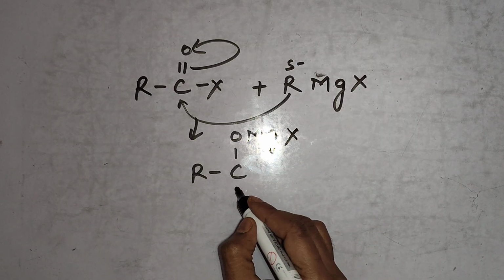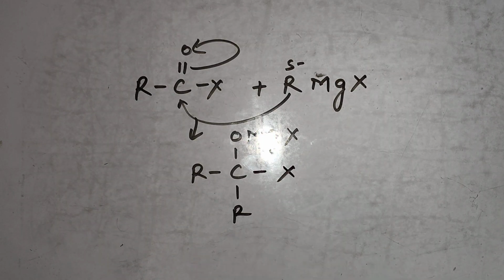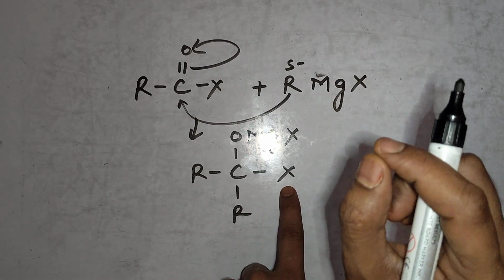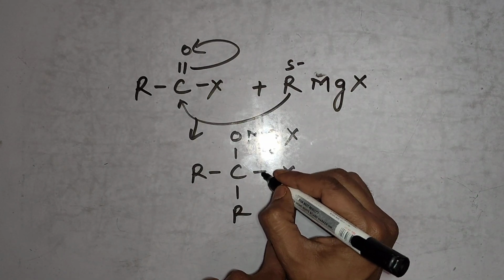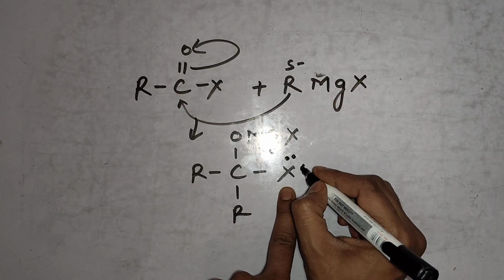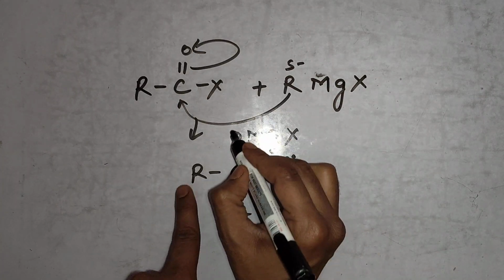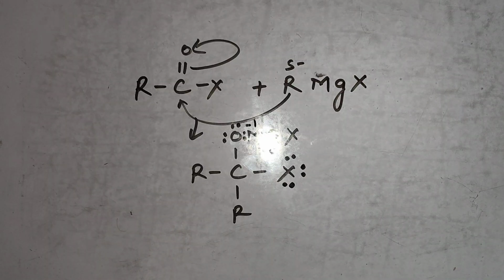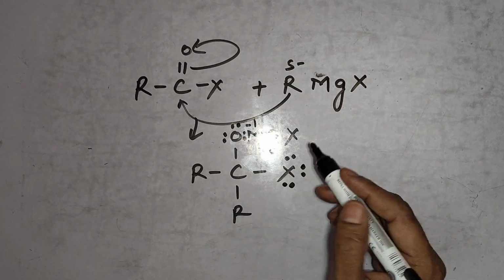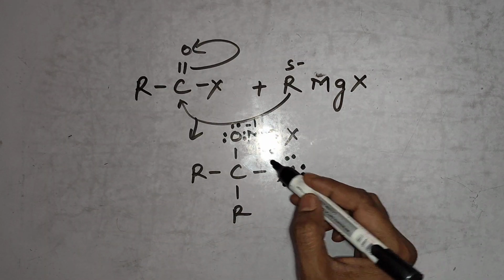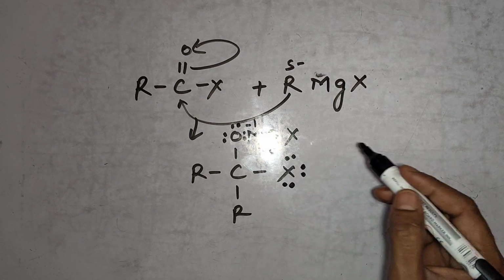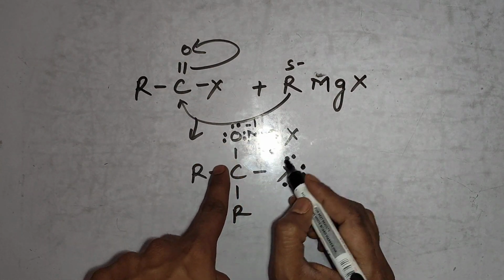RCOMgX, R. Now X. What is X? X in chemistry are halogens. And when halogens are making a single bond, they always carry 3 lone pairs. And this oxygen, we know it also carries 3 lone pairs. The same problem. If oxygen were there, steric hindrance was there, na? If X is there, still the same problem, 3 lone pairs, lone pair repulsion.